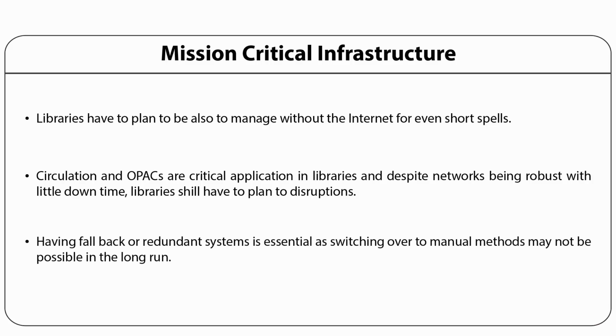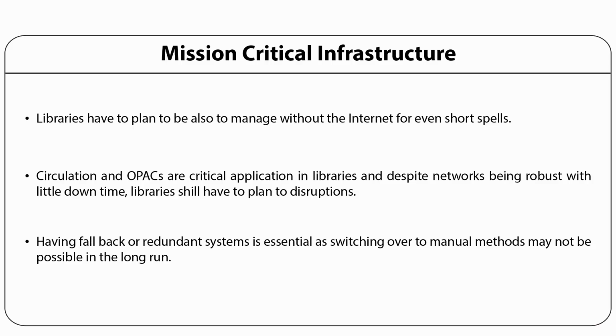Having a fallback or redundant system is essential, as switching over to manual methods may not be possible in the long run. We are aware of situations in some libraries decades ago when both the manual catalog as well as the OPAC were operated parallelly.